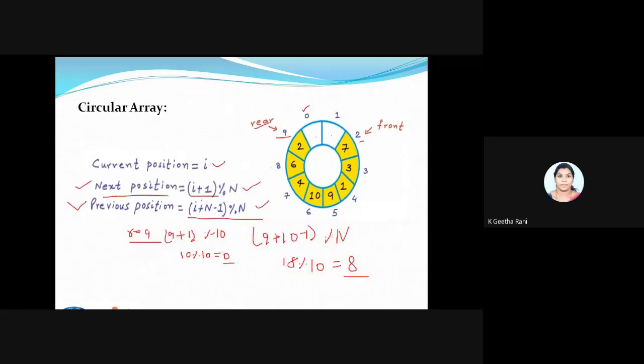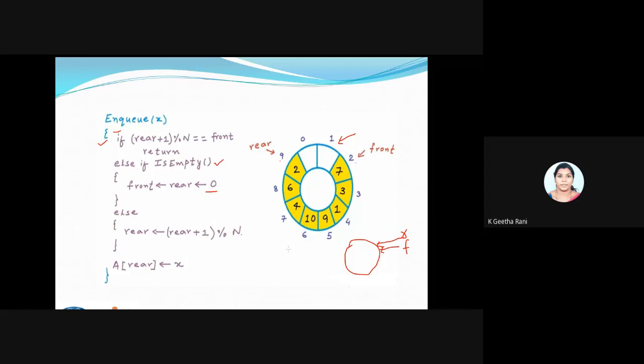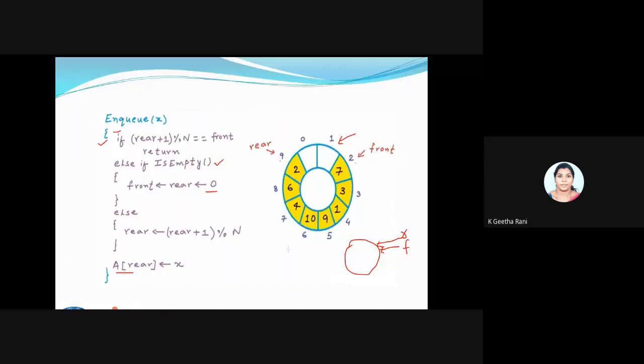The same way what I'm doing here, to make the next position from the rear, I'll be using I plus 1 modulus of n. So rear plus 1 modulus of n. This is going to put the value inside the specified array index. So the only difference will be this particular part.